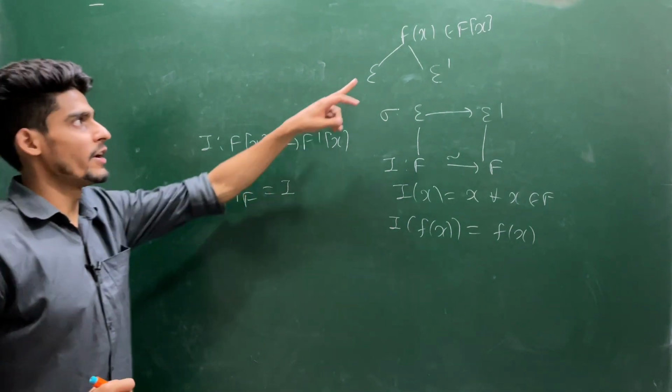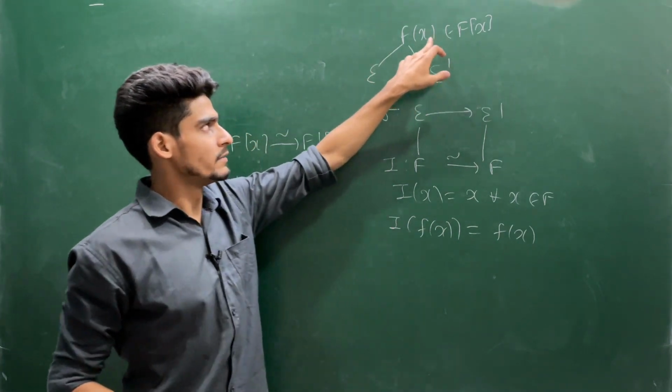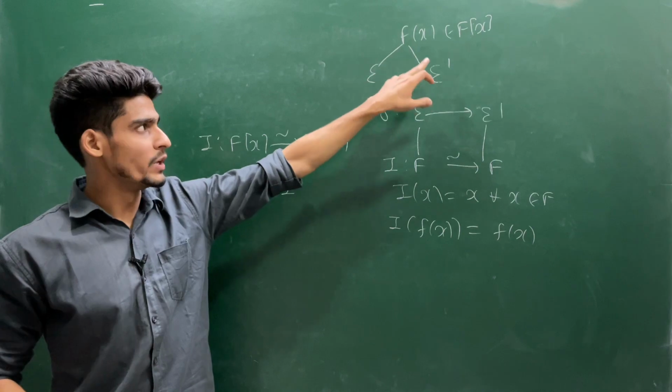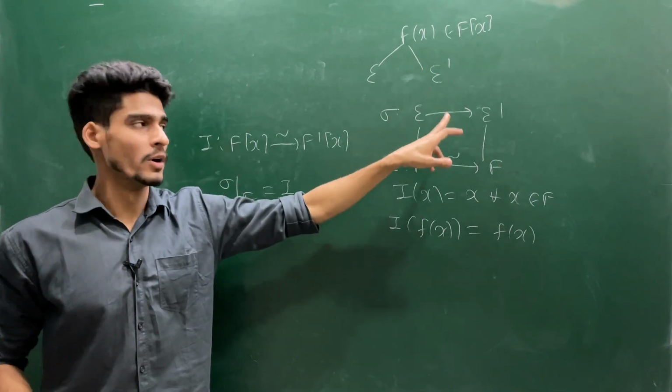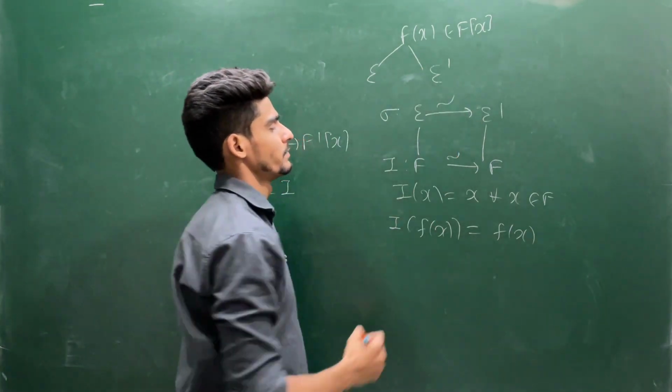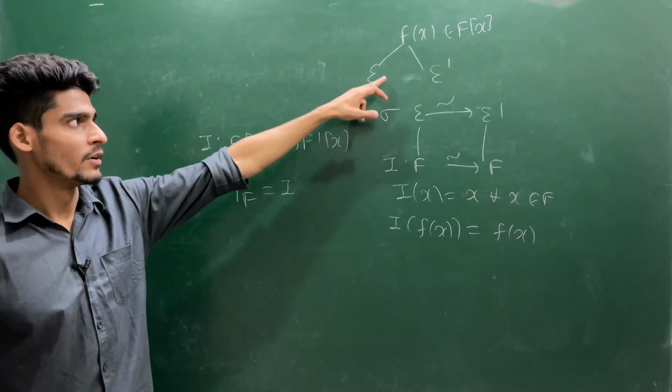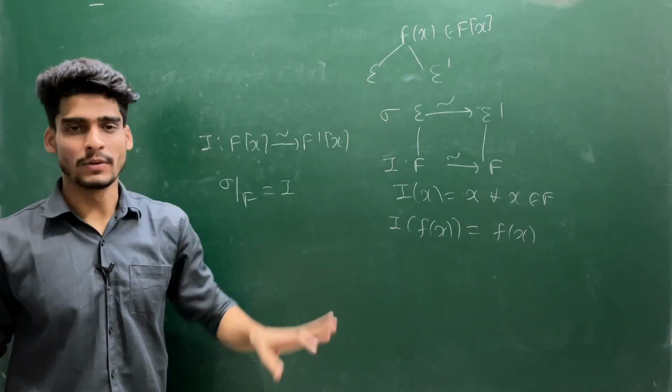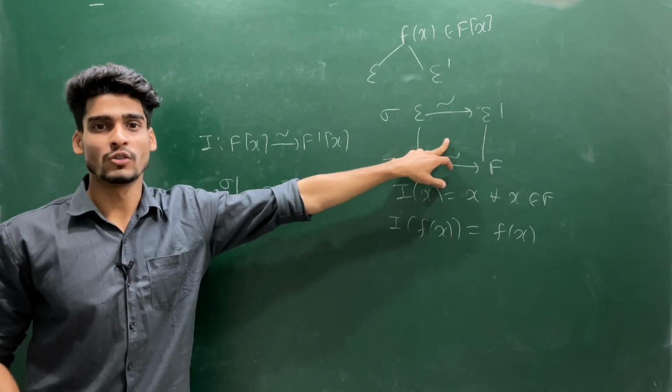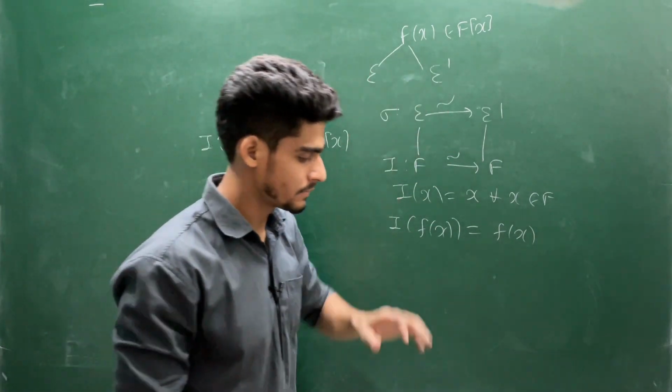That means if you have any polynomial in F[x], then there is a unique splitting field up to isomorphism. So there is a unique splitting field for any polynomial up to field isomorphism, because E and E prime both are fields.